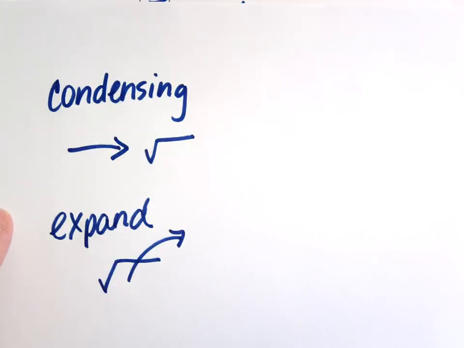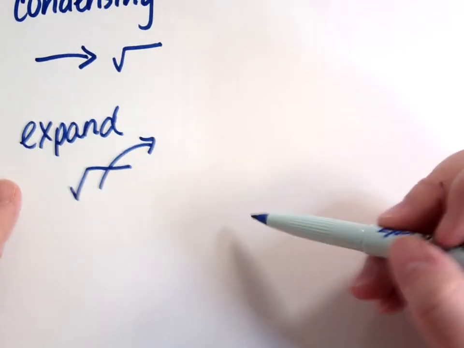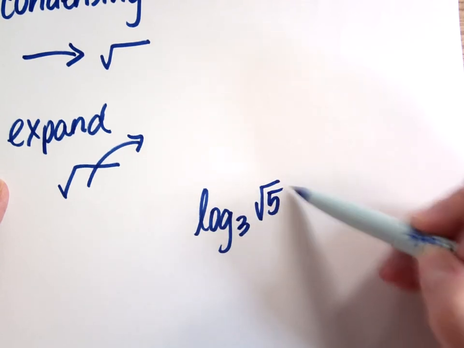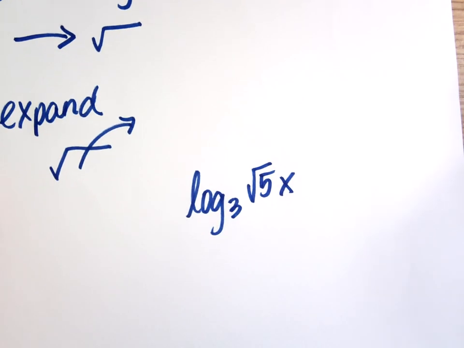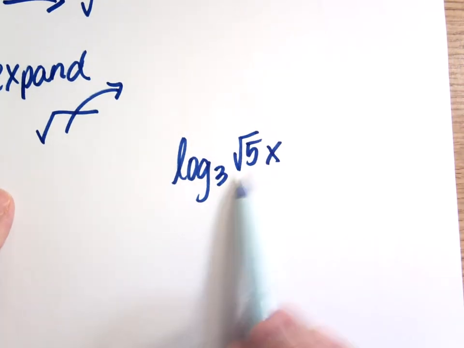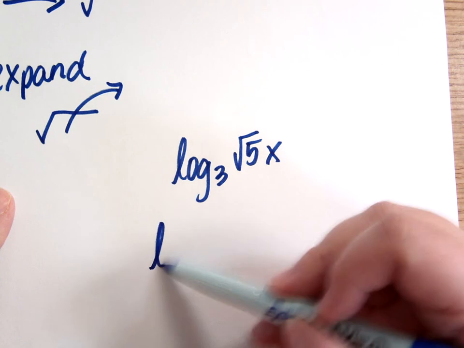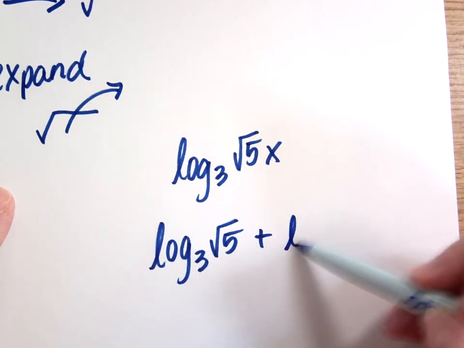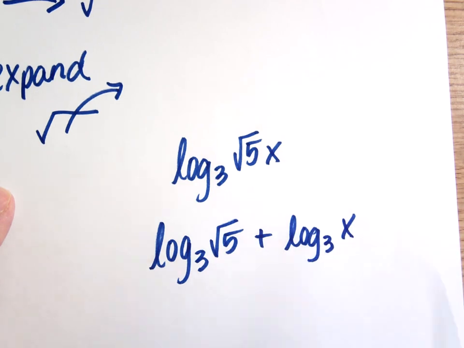For instance, let's say I was asked to expand log base 3 of square root of 5 times x. Notice that the x is not under the radical. These are times. Square root of 5 times x. To expand that, I'm going to break it apart into a sum. I wouldn't leave it that way.